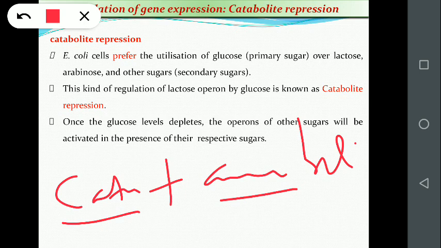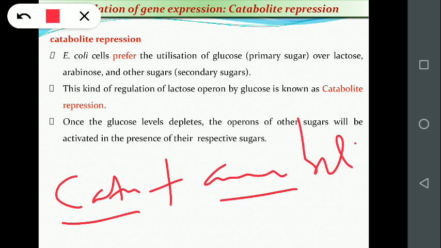Once the organism utilizes the glucose, gradually the glucose level drops, and once the glucose is completely depleted, the operons of other sugars will be activated in the presence of their respective sugars. So if we add glucose plus lactose to the medium, first it utilizes the glucose and represses the lactose operon.